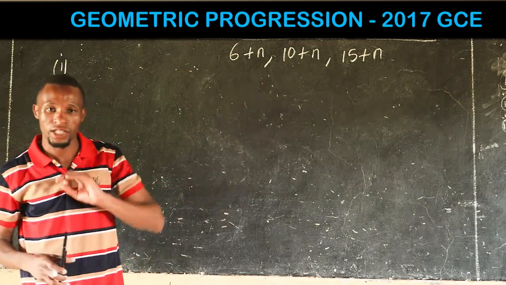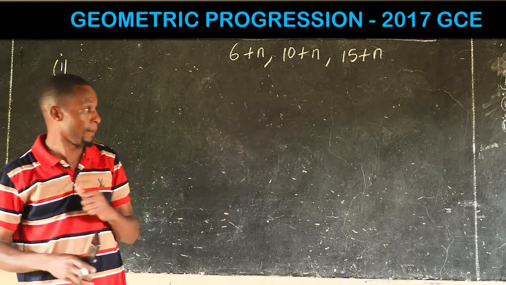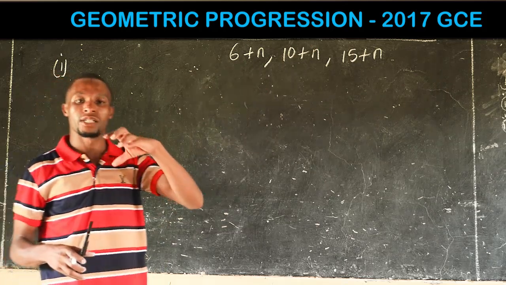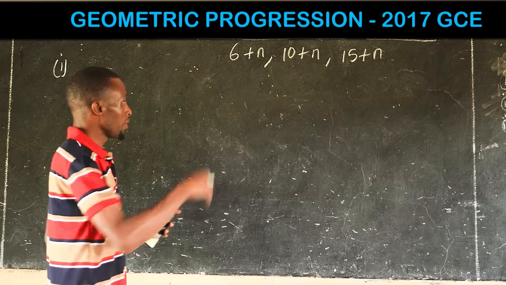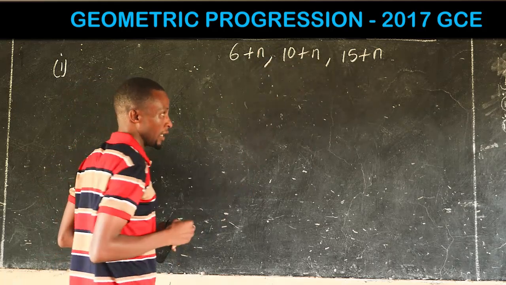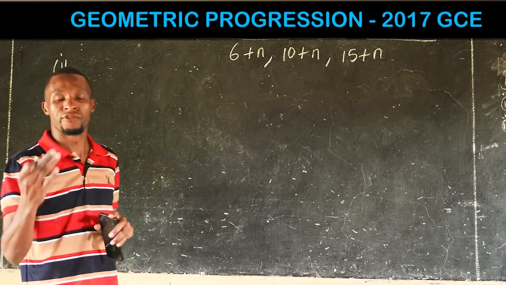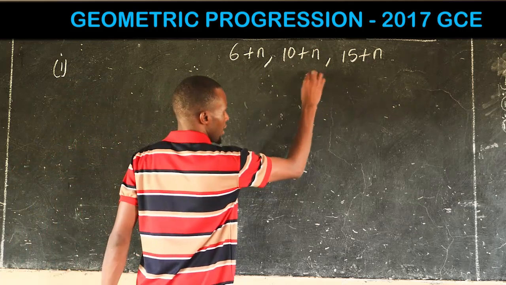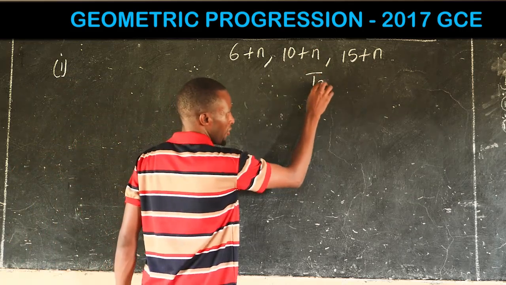When you have such a question, please do not panic. When you have letters in your sequence, to find the letter we are going to use the formula for the common ratio.